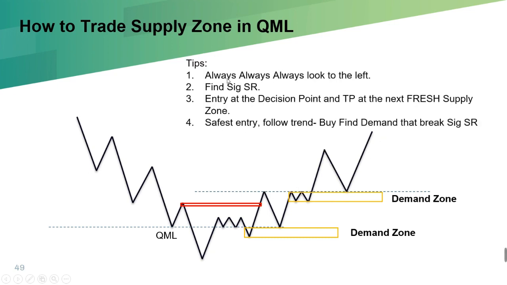Similarly, the tip is the same: always look to the left, find your significant support and resistance, and enter at your decision point, and TP at the next fresh supply zone. Of course, the safest trade is to follow the trend, where you find the demand zone that breaks the significant support and resistance over here.